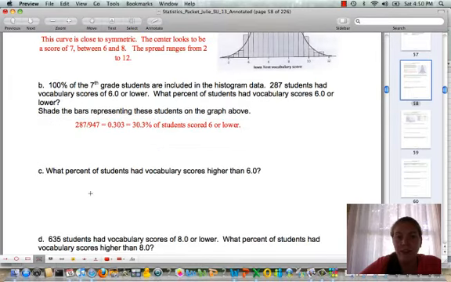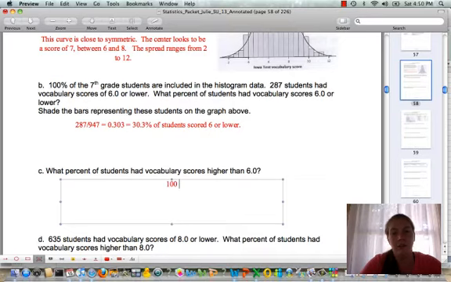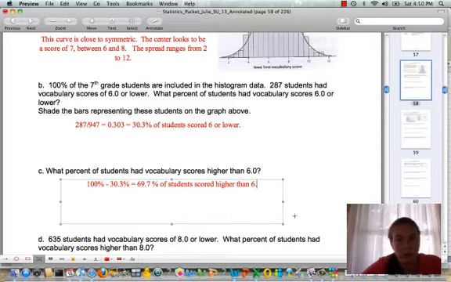So we can use that fact to calculate 100% subtract 30.3% of the lower scores, so this must be 69.7% of students scored higher than 6. And you can double check my calculations with your own calculator and make sure I got everything correct here.